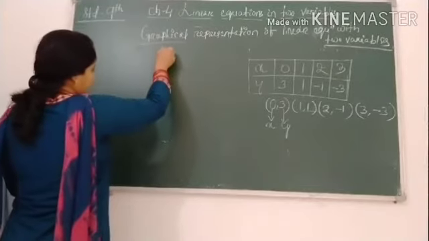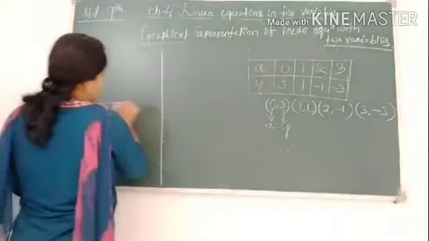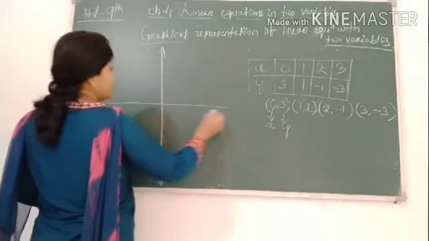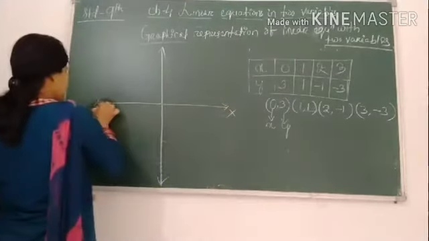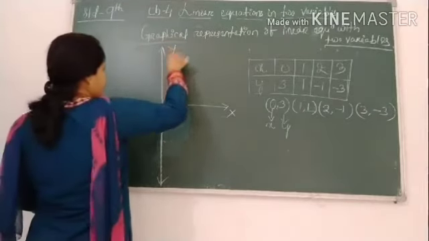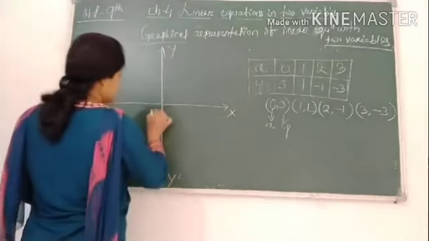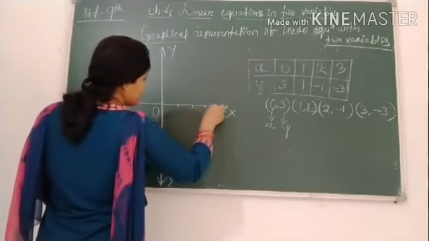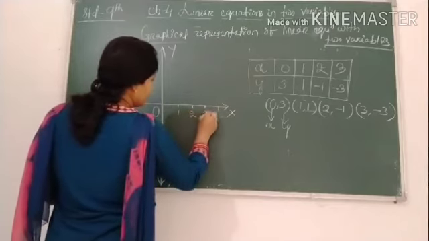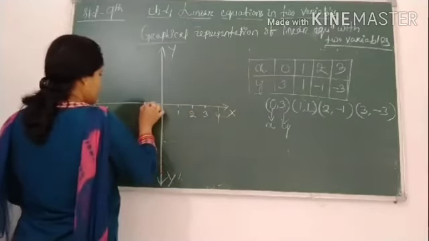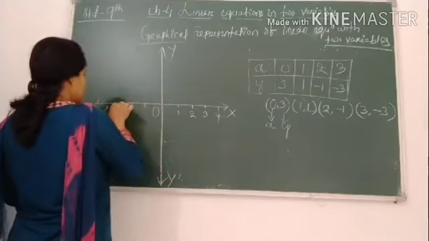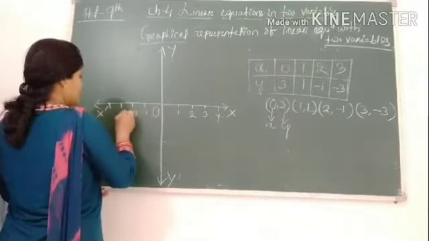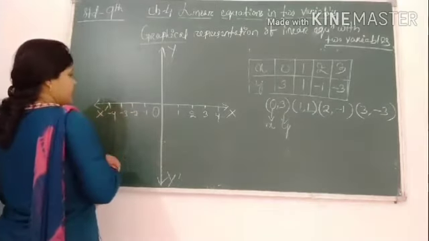So look at here. As you know, this is your x-axis, this is x-dash, this is y, this is y-dash, and this is your origin. You have to take 1, 2, 3, 4, then here minus 1, minus 2, minus 3, minus 4.